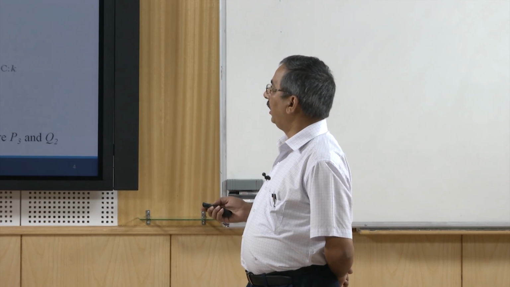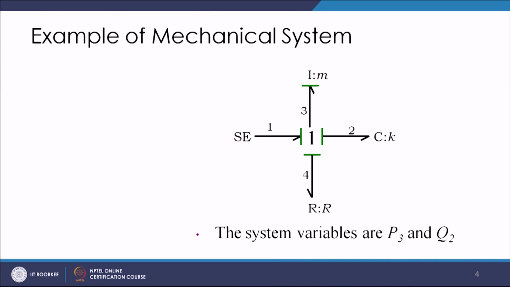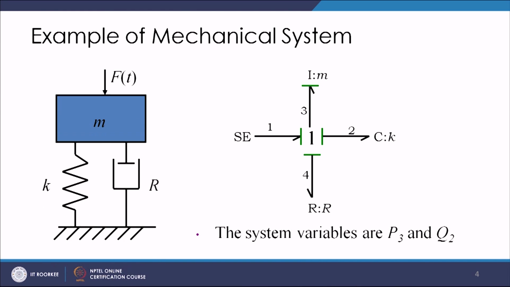Let us take an example of a mechanical system. The figure you are seeing is a simple spring-mass-damper system subjected to a certain force excitation. The question is how we can draw the bond graph model for this system.